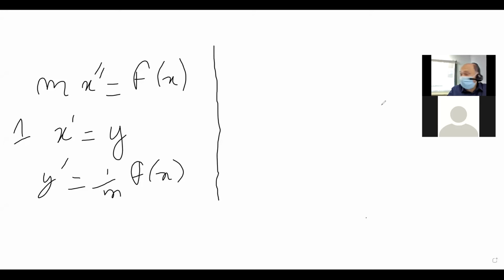So what I'm looking for is to compute the exact solution of this equation.